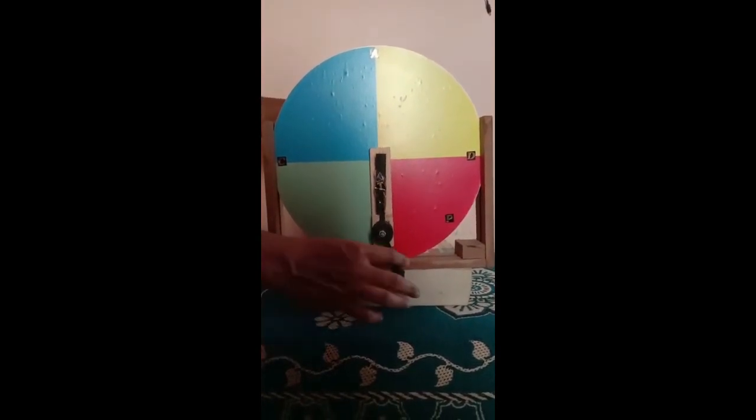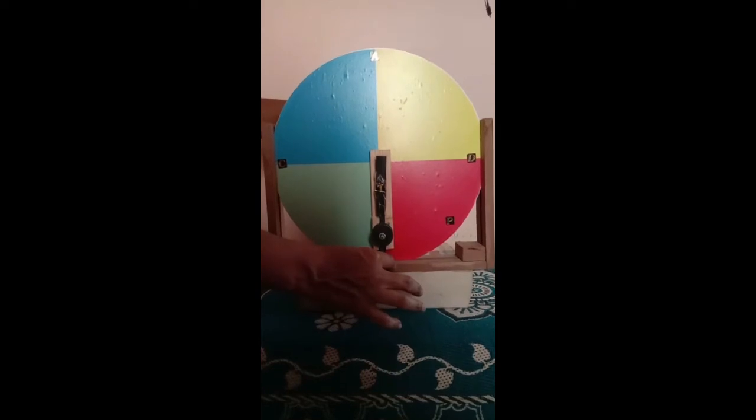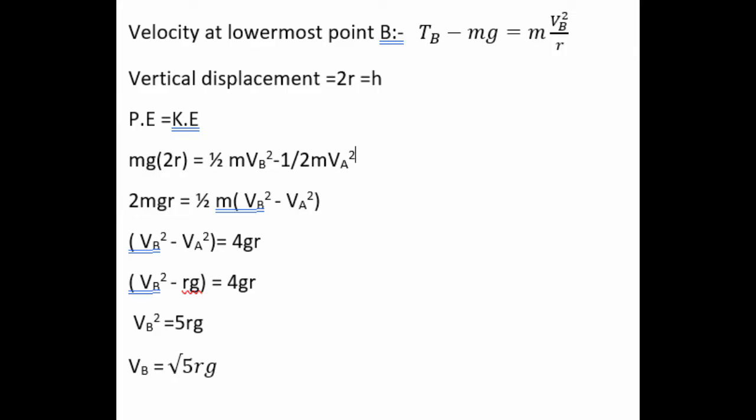So Tb minus mg is equal to the centripetal force, that is nothing but mvb square upon r. Since the object is undergoing vertical circular motion, the total vertical displacement will be equal to 2r.